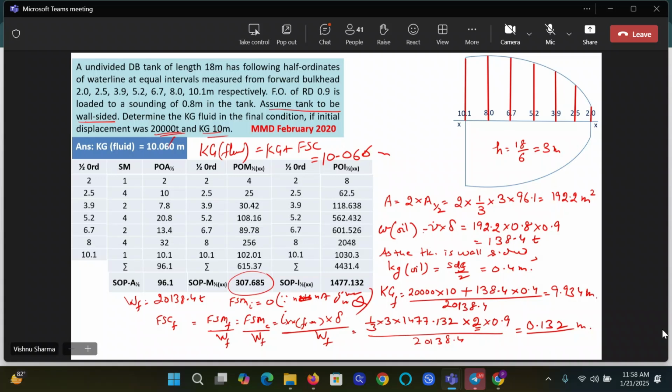Guys, anybody has any doubts in the question on display, please let me know. See, the questions are not basically miscellaneous questions we have done in which BMT was required, free surface moment was required, both were required. So they test you on many fronts. And you can withstand such tests only if you are comfortable with the fundamentals.